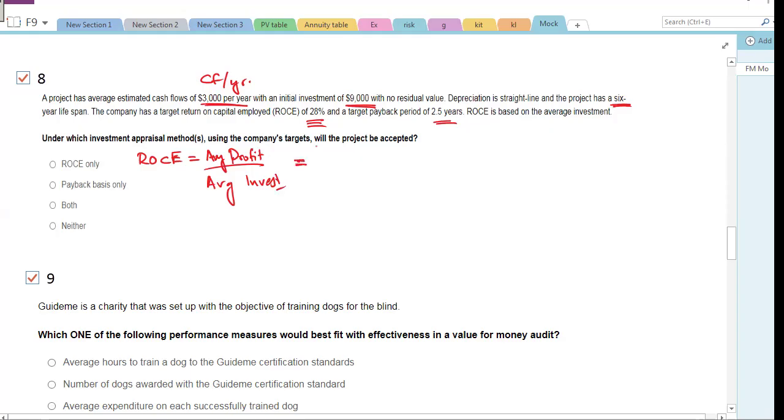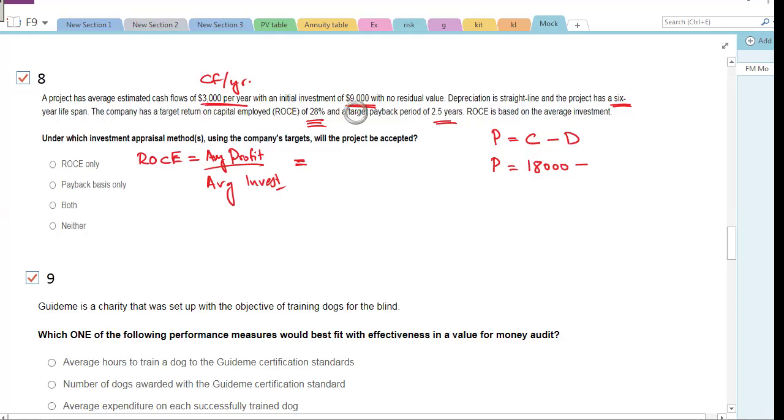We are not given the average profit. We are just given the cash flows, and that's the cash flow per year. So we have to calculate it. Remember, profit is equal to cash flow minus depreciation. Now, cash flow is per year. So if it is for 6 years, that's going to be 3,000 multiplied by 6, which is 18,000.